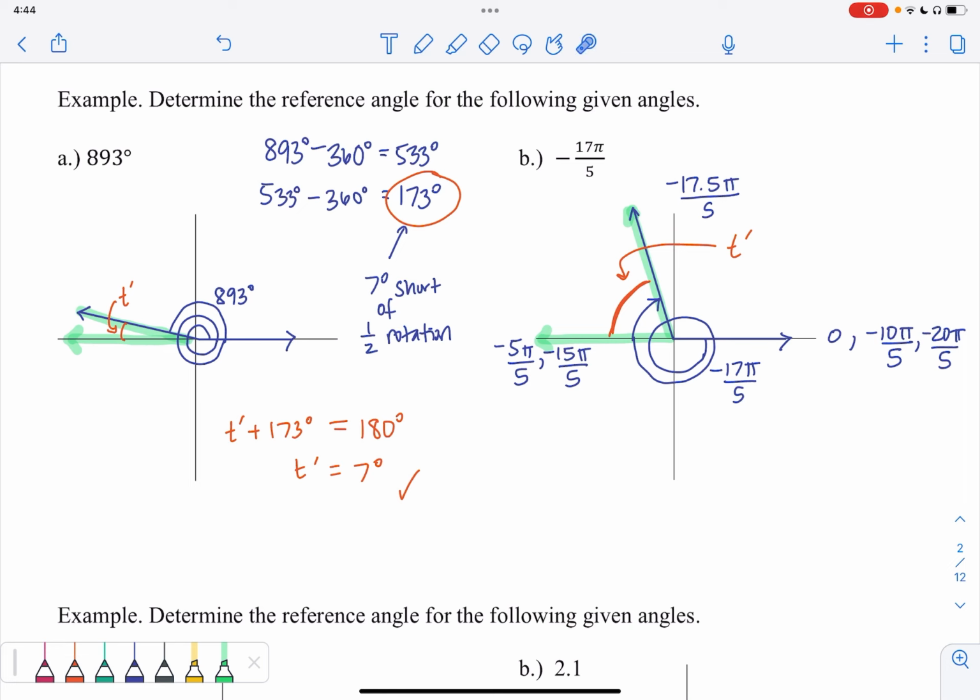So like this part here is all the way to negative 17 pi over 5, and then this was negative 15 pi over 5. So I'm really close about how big of an opening it is. And again, reference angles are always positive, right? They're acute angles, meaning between 0 and 90 degrees. So in this case, it's just going to be 2 pi over 5.